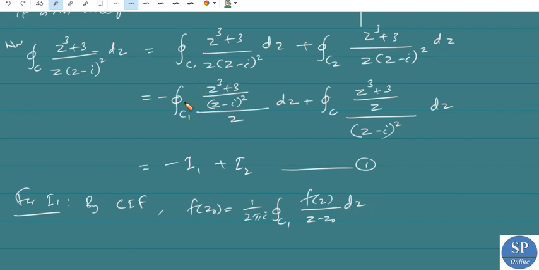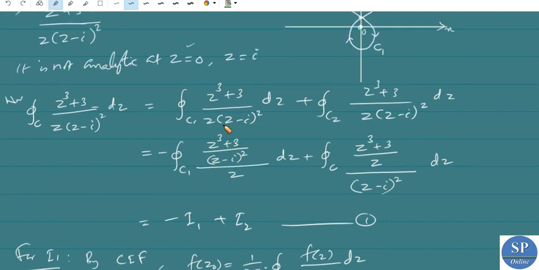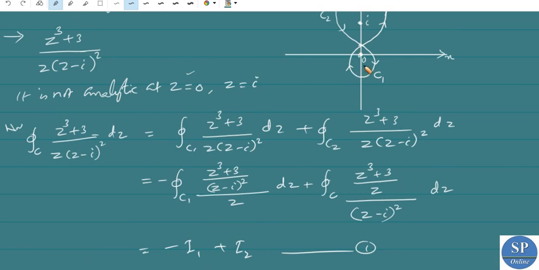To use this, we know z equal to 0 lies inside C1. If we take f of z equal to (z cube plus 3) divided by (z minus i) whole square, then this will be analytic inside and on C1, because the only point at which the function is not analytic is 0, so we have excluded the factor z minus 0.